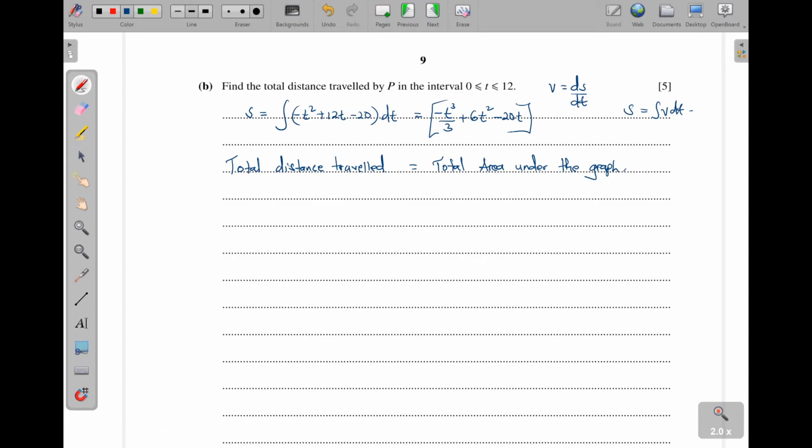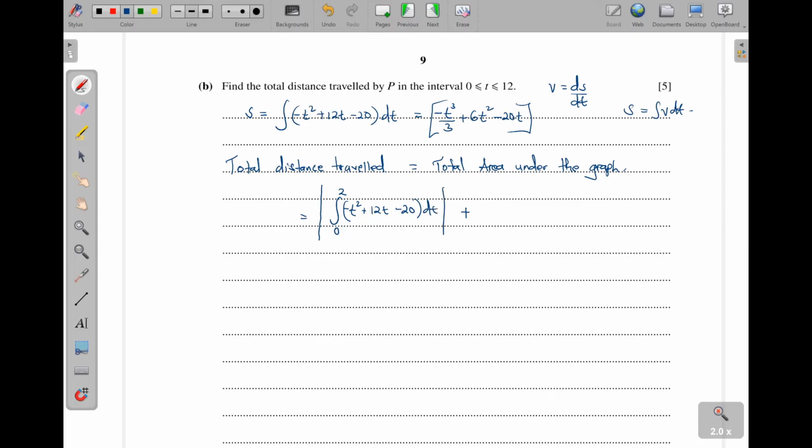Now, let me first write it here. I'm going to integrate from 0 to 2, but we have seen that it is below the t-axis, so I'm going to put the modulus signs. Then t squared minus 12, it is a plus here, it is a minus 20 with respect to t.